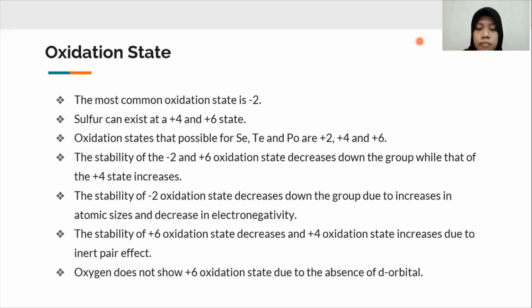The stability of the -2 oxidation state decreases down the group due to the increase of atomic size and decrease of electronegativity, and also the stability of the +6 oxidation state decreases and the +4 oxidation state increases due to the inert pair effect. Oxygen does not show the +6 oxidation state due to the absence of d orbitals.